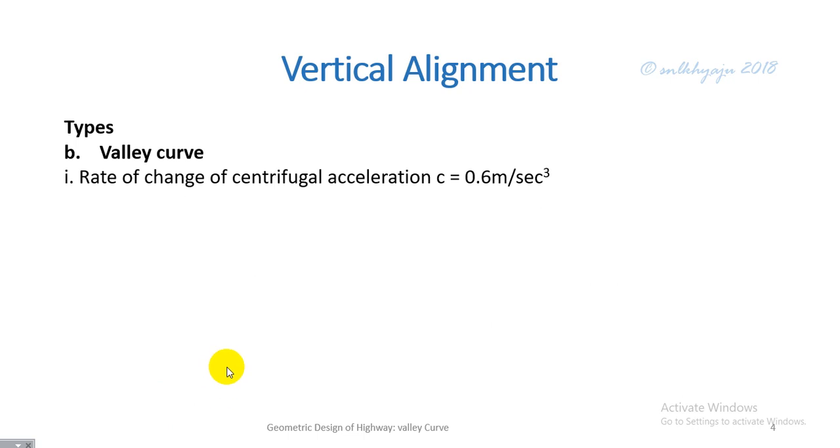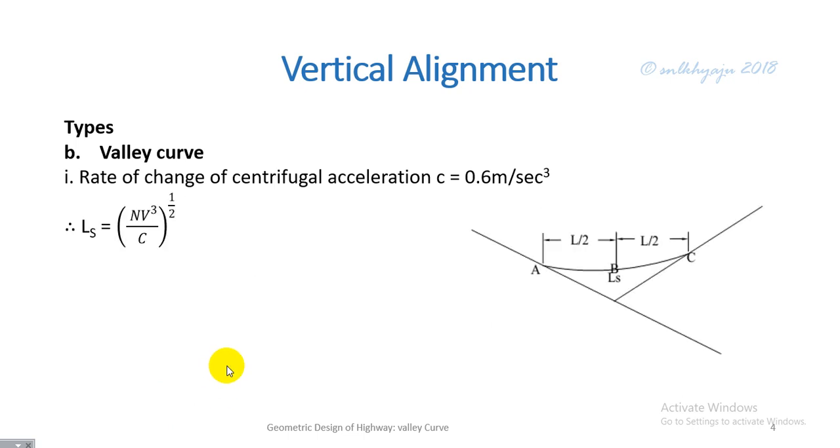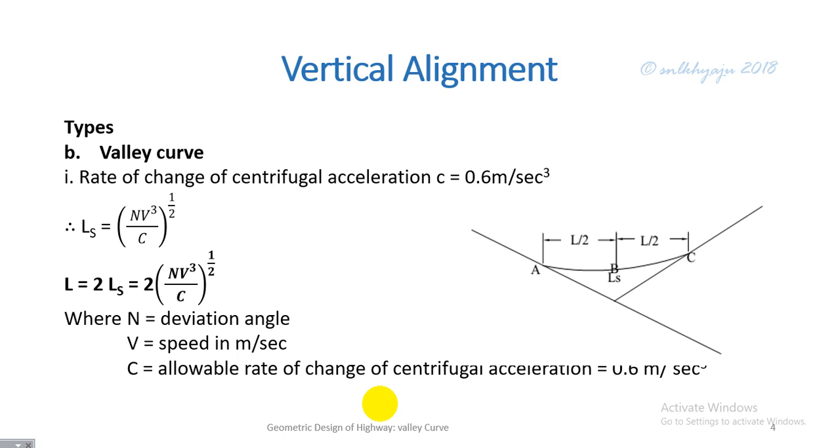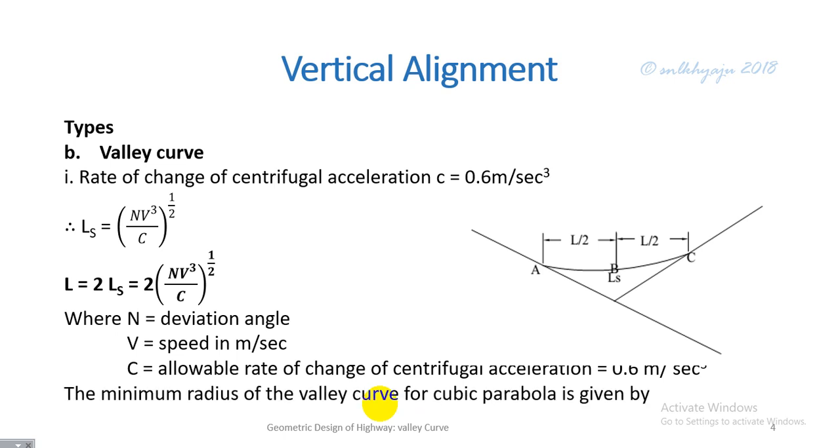Therefore, the length of the valley curve is twice the transition curve, that is twice Ls equals the whole bracket (N V cube by C) whole power 1 by 2, where N is the deviation angle, V is the design speed in meter per second, and C is the allowed rate of change of centrifugal acceleration, taken as 0.6 meter per cube second.